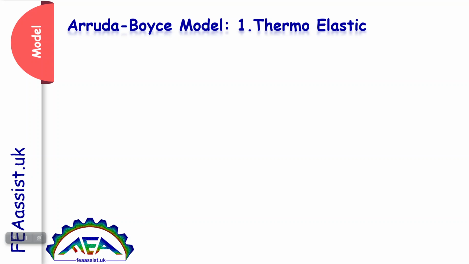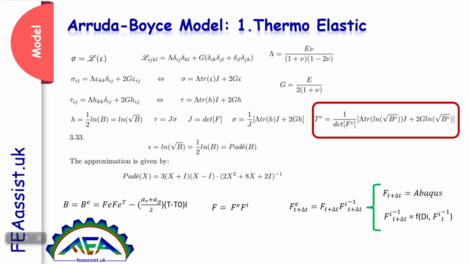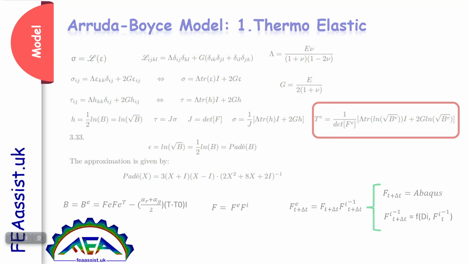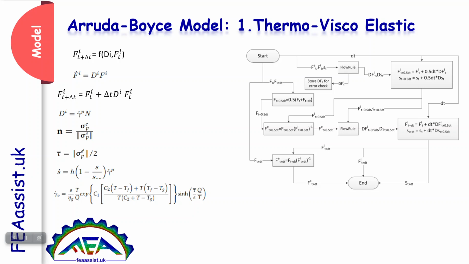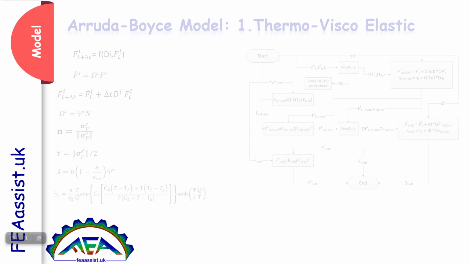The first phase is thermoelastic. The thermoelastic term of the Arruda-Boyce model is explained in the package in detail. The second term is thermoviscoelastic. Again, it has a special algorithm to solve that, which will be explained in the tutorial.